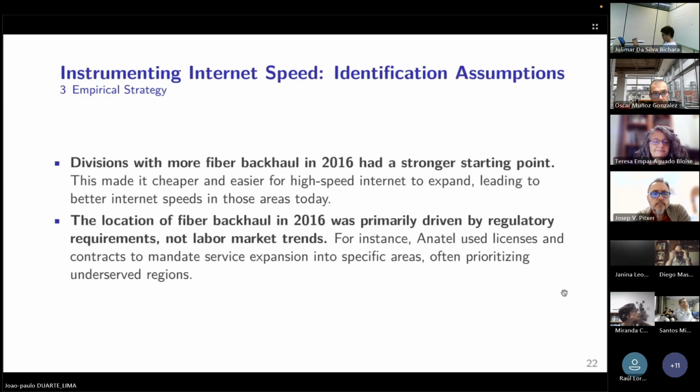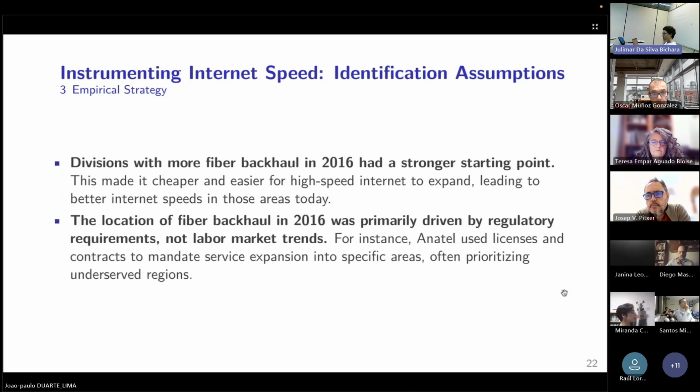So the identification assumptions are that divisions with more backhaul fiber in 2016 had a stronger starting point. So if you had this infrastructure in 2016, it means that from then on it's easier for people to have an internet connection. And after that, the location of those networks is primarily driven by regulations.